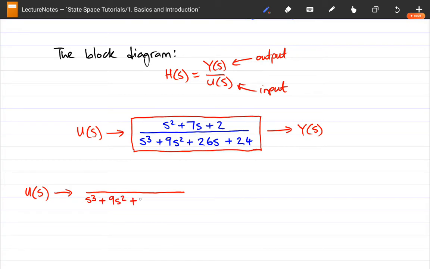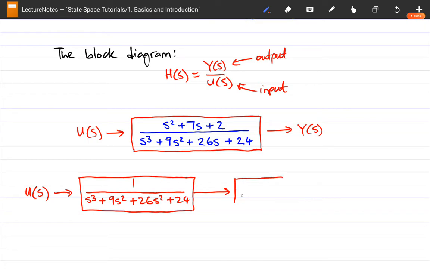In fact, we're just utilizing those rules to make this happen. And we'll see 24, and this is going to be over 1. And those of you who are experienced in control systems should be able to recognize what's happening here.